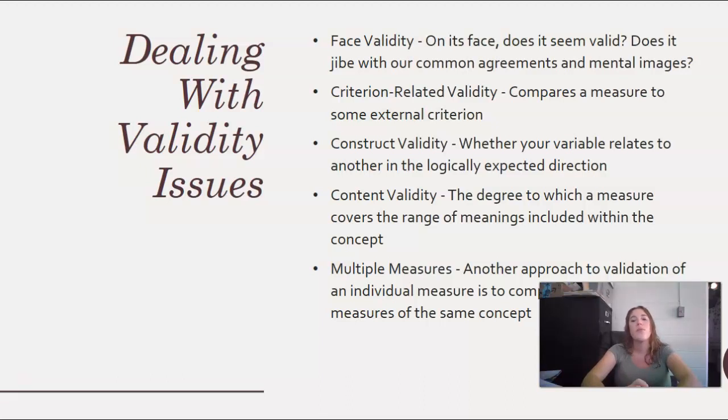So for example, if we are measuring fear of crime, then we would assume that people who have greater fear of crime are less likely to leave their house at night, because if you're scared of crime, then you don't want to go out in the middle of the night where crime is more likely to happen. So therefore, higher fear of crime should equal less going out at night. So if you find that people who answer yes, they're scared of crime, also answer no, we don't go out at night, then your measure is valid.